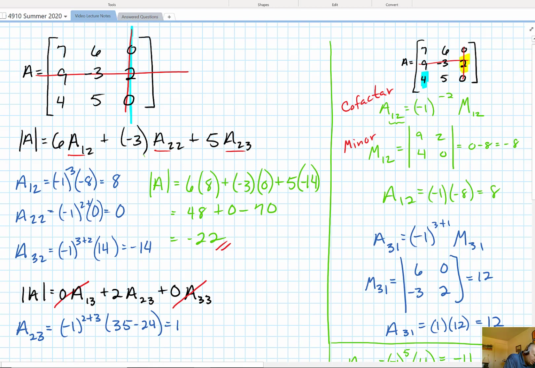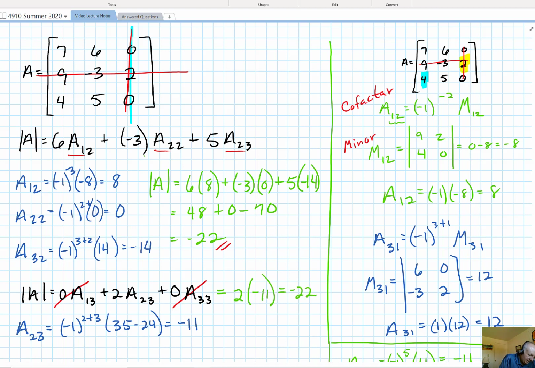According to our little rule here, this should be 2 times a minus 11, because of the negative 1 out in front. So it's going to be 2 times negative 11. And look at that, negative 22.